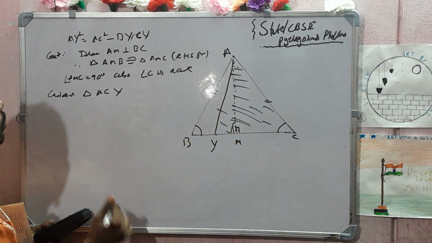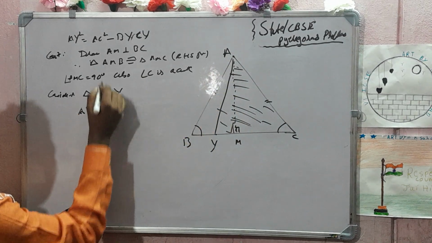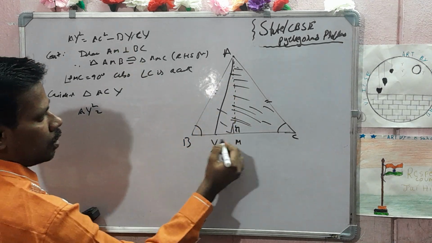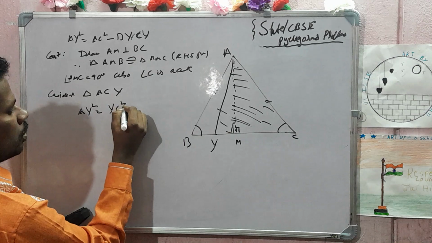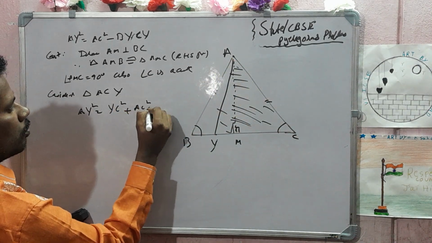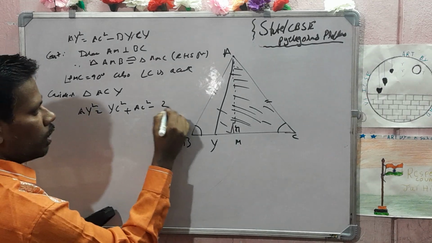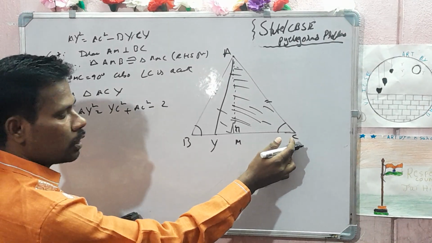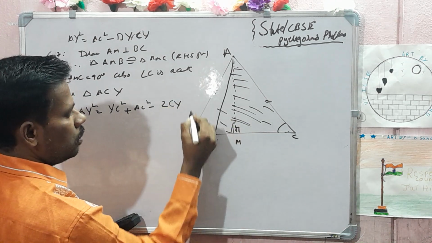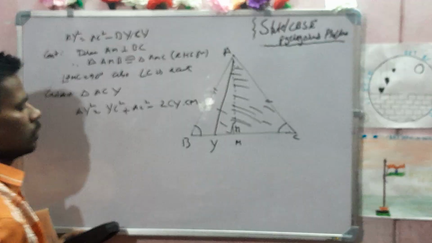See here, we are coming near to the theorem. AY square is equal to YC square plus AC square minus twice the length of CY into CM, right?